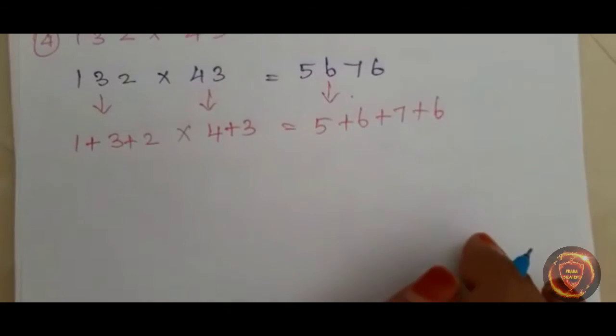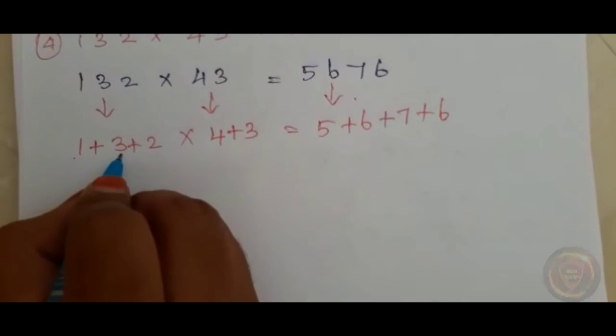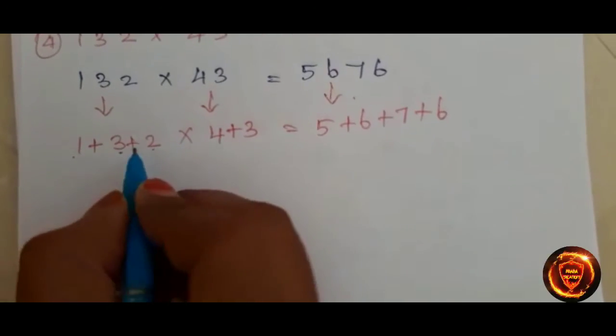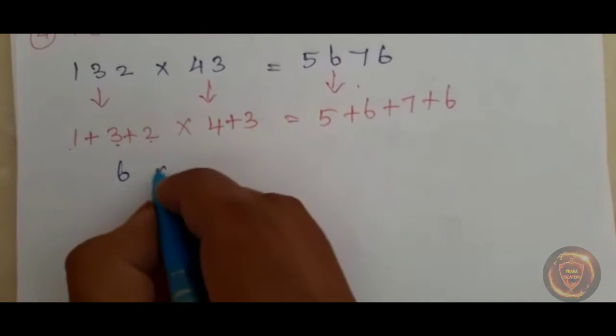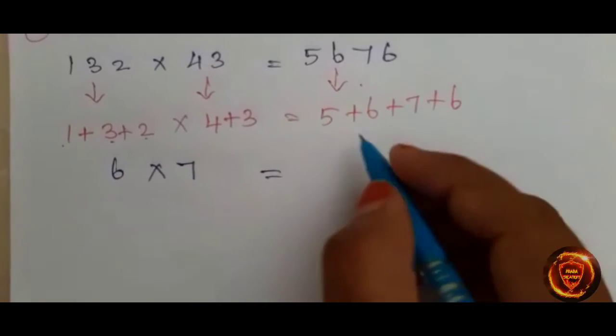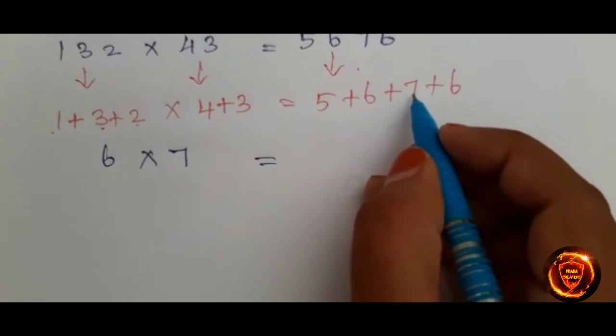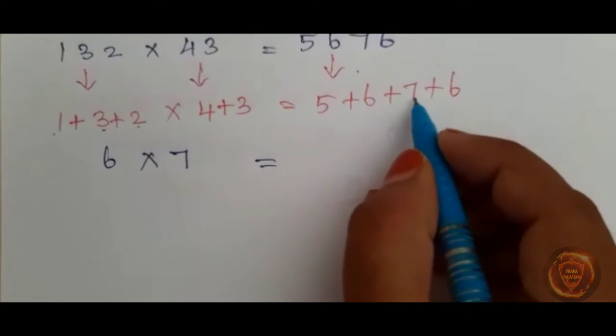The next step is to add all these terms. 1 plus 3 is 4, 4 plus 2 is 6. So 6 into 4 plus 3, 7, is equal to 5 plus 6 is 11, 11 plus 7 is 18, 18 plus 6 is 24.